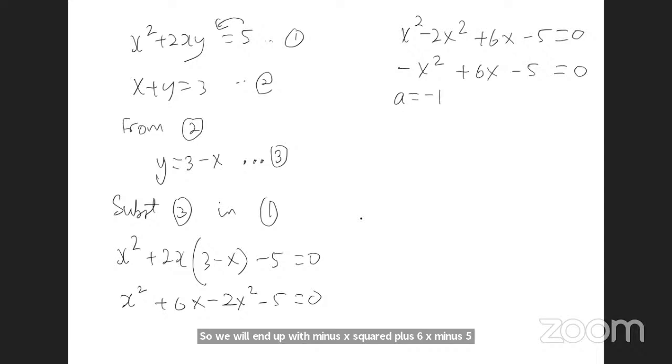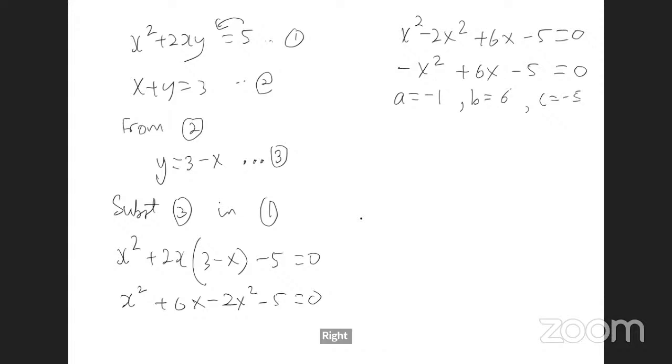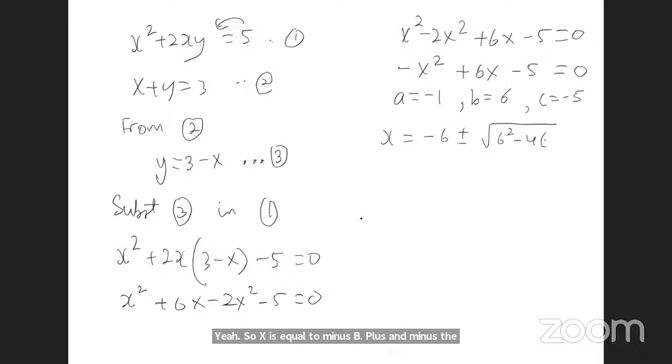A is minus 1. B is 6. And C is minus 5. Yeah? So x is equal to minus b plus or minus the square root of b squared minus 4ac, all over 2a.